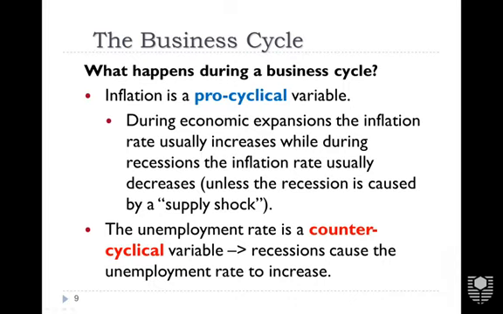In an expansion prices would be increasing, and when prices start declining for an extended period, that might lead to recession in the economy. Unemployment, on the other hand, is counter-cyclical, meaning the relation is negative. Recessions cause the unemployment rate to increase, whereas in the expansion phase the unemployment rate would be the lowest possible.